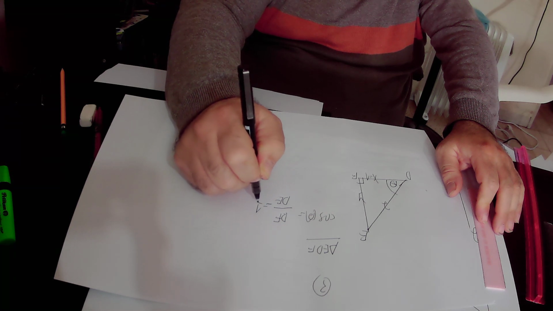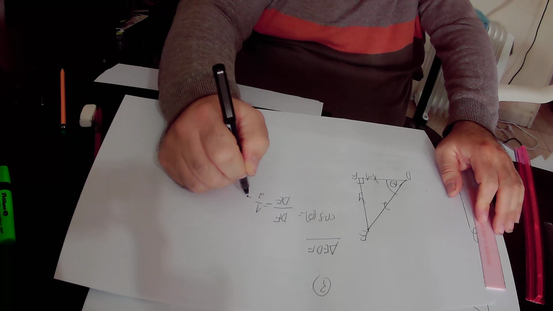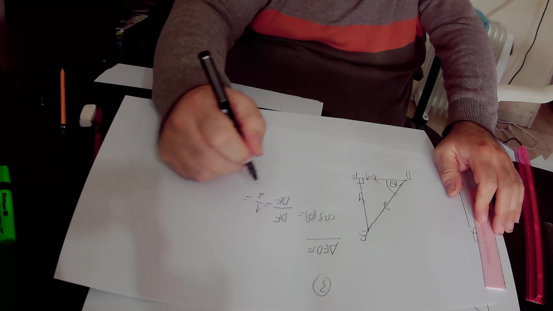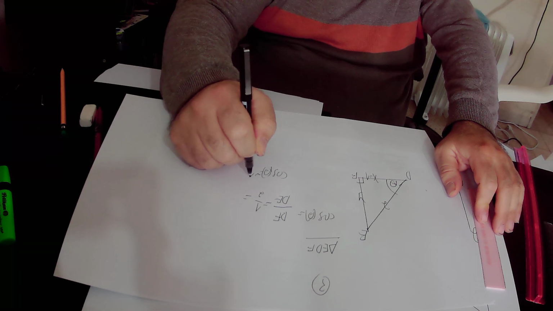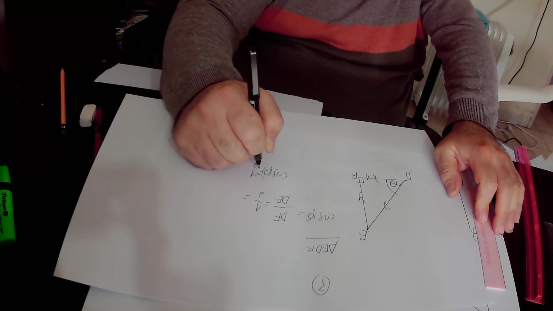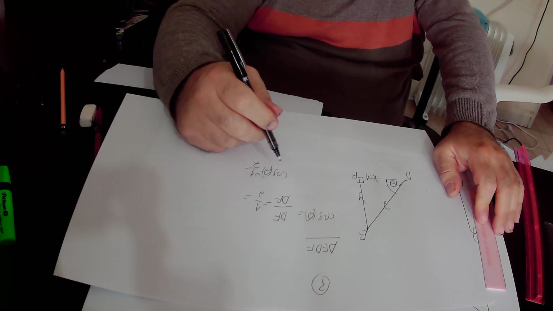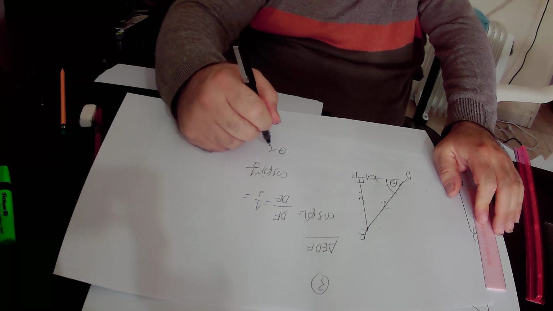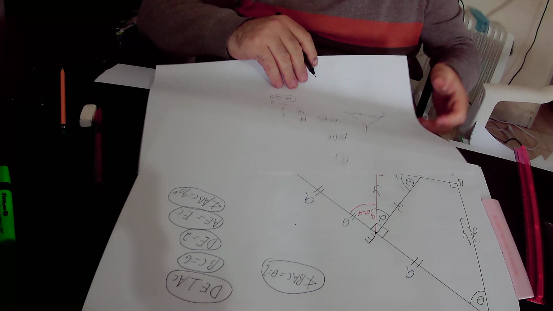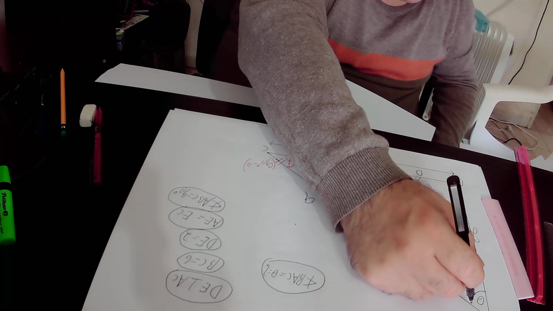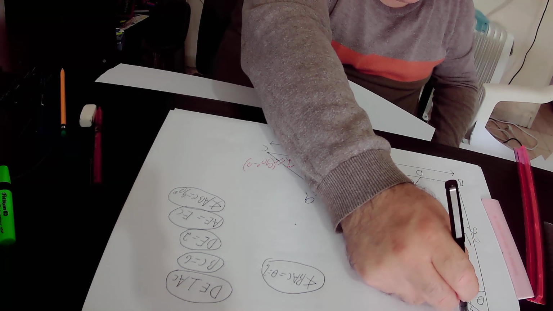DF is 1, DE is 2. So in conclusion we found that cosine theta equals 1 half. So if cosine theta equals 1 half, we get that theta itself equals 60 degrees. So we found that the missing angle theta, the angle that we are looking for, is equal to 60 degrees.